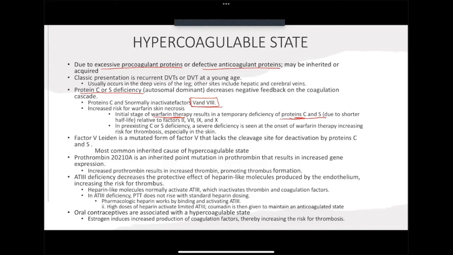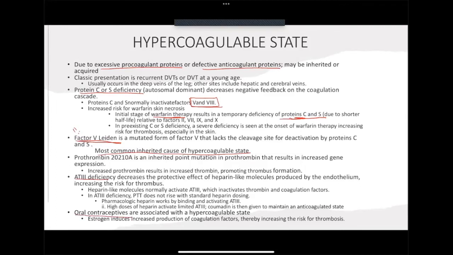Okay, you can also have factor 5 Leiden. This is also very common, where you have a mutated factor 5 that cannot be deactivated by protein C and S. So this is the most common inherited state of hypercoagulability, factor 5 Leiden. Okay, so you can also have antithrombin 3 deficiency, and oral contraceptives.